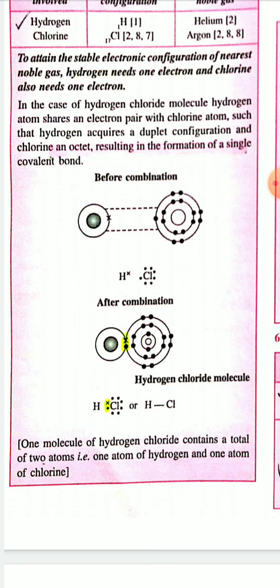In the electron dot structure you can see around hydrogen one cross is given, which means one valence electron in the only shell of the hydrogen atom, and 7 dots around the chlorine atom, which means 7 electrons in the valence shell of the chlorine atom. After combination, both atoms form one pair of electrons. Therefore, one single covalent bond is present between the hydrogen atom and the chlorine atom in the hydrogen chloride molecule.